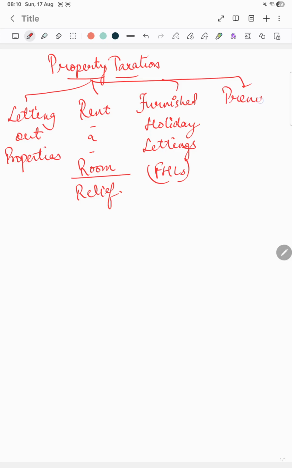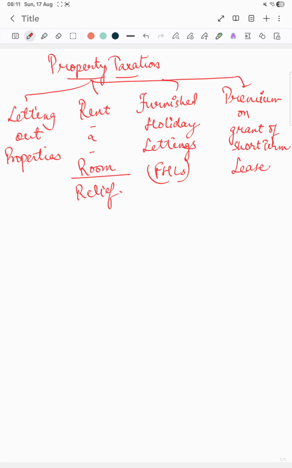So another type of property income would be premium on grant of lease. But in this topic we will be covering only short term lease and not the long term lease, because the logic I'll explain in the next videos, next slides.